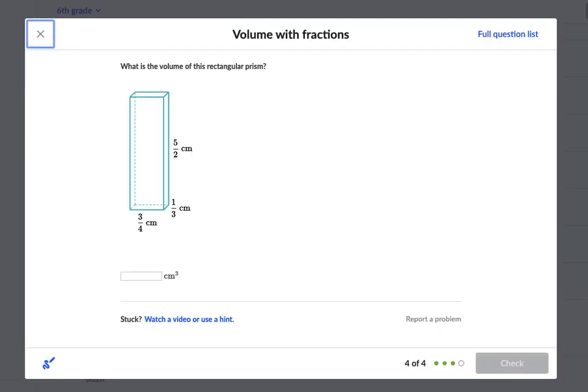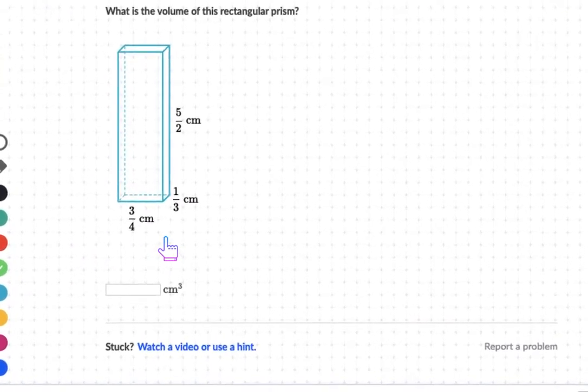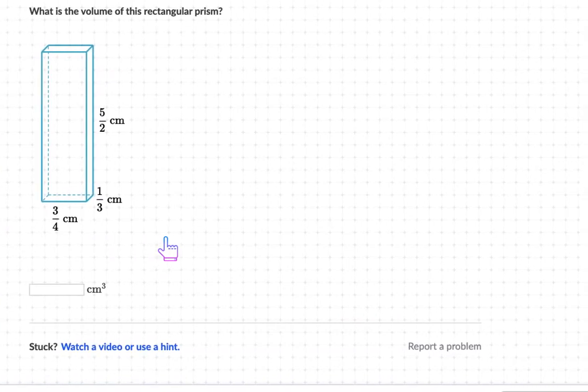So in this example, they want to know what is the volume of this rectangular prism. Go ahead and pause the video and try it on your own first. All right, so it's a rectangular prism, so we need to figure out the area of that base shape.